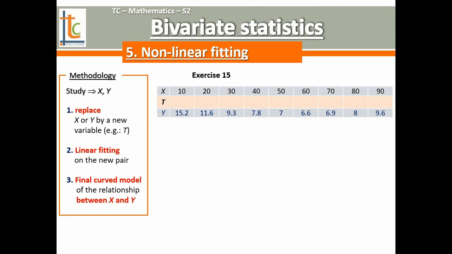And below, the values of y are the consumptions in liters per 100 kilometers of this vehicle. So, as you can see, the values of y first decrease and then increase. So it cannot be followed with a straight line with respect to x, obviously.